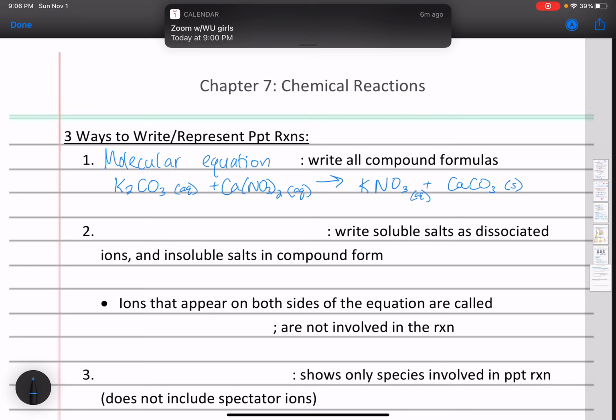And now I just need to balance this by throwing a 2 right there. So this is our equation that we're working with.